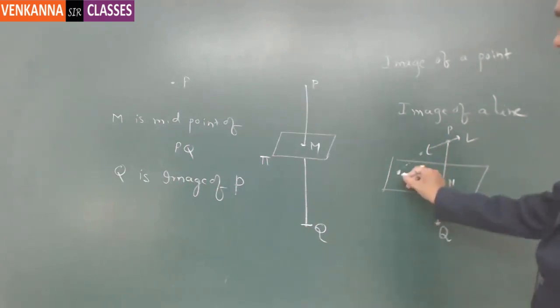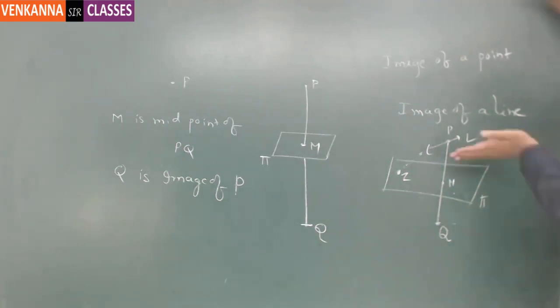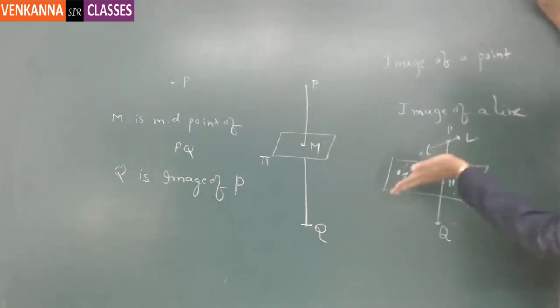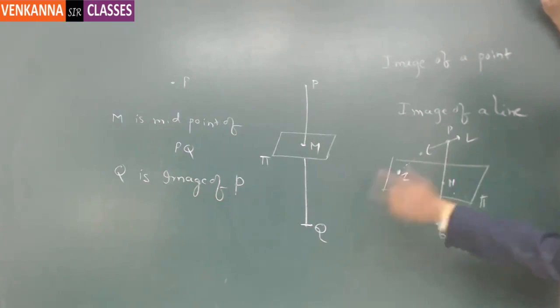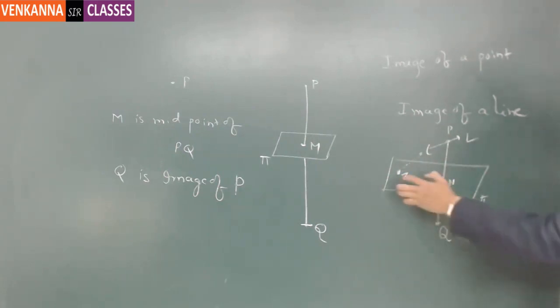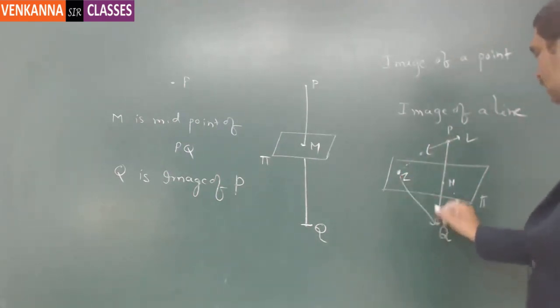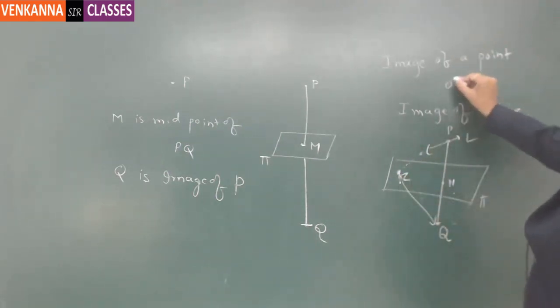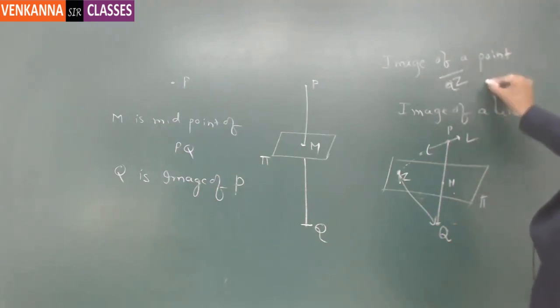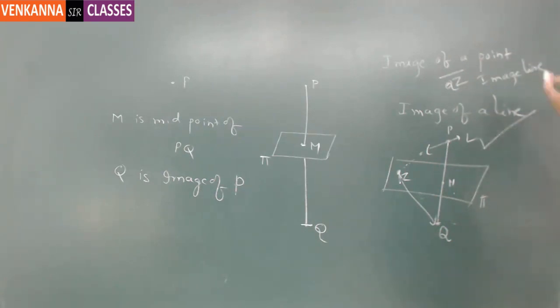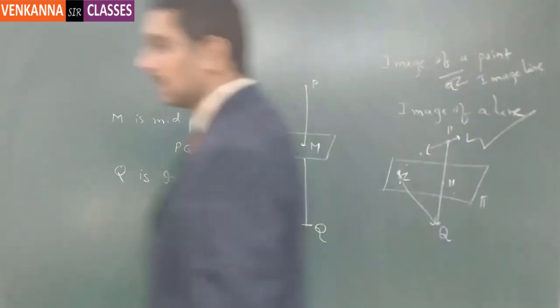Say this is Z. If I extend this line and make it pass through the plane, at what point does it meet the plane? That point we are calling Z. Now this QZ is called the image line for the given line L. That was the definition.